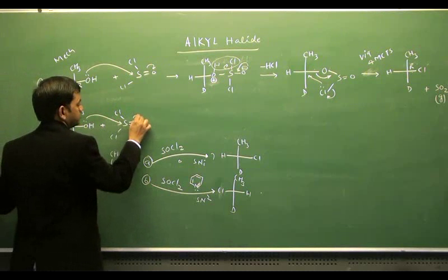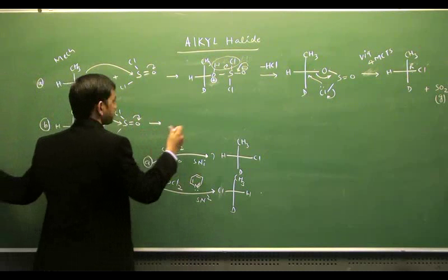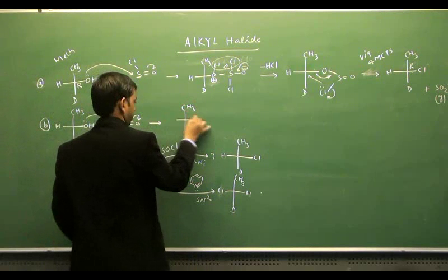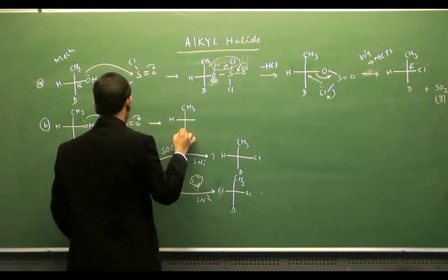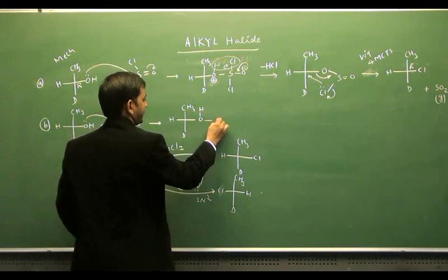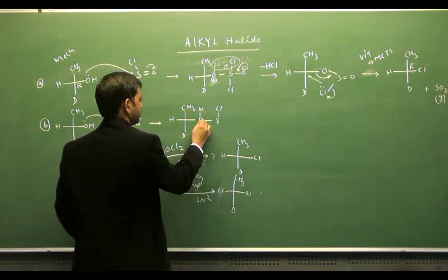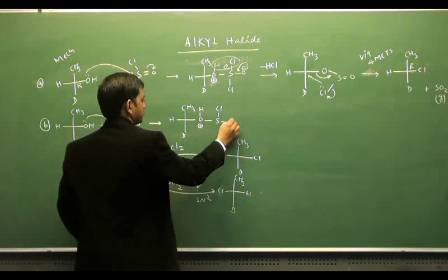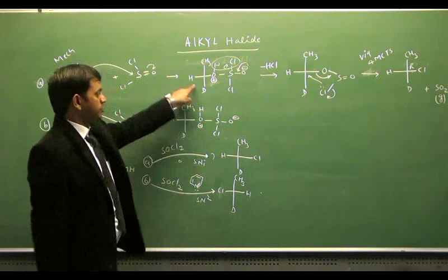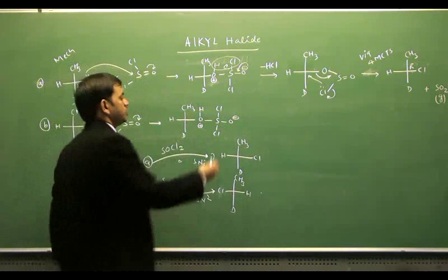Attack, it picks up the electron. We obtain CH3, H, D, O, S, Cl, O negative, Cl. A similar intermediate we obtain.